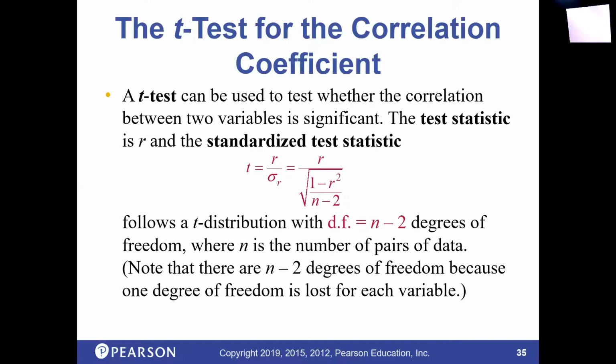In the past, whenever we've done the t-distribution, degrees of freedom have always been n-1. Because we're talking about 2 variables, we're talking about paired data, degrees of freedom is not n-1, it is n-2. So make sure you put this in your notes. Students tend to do n-1 because we've used it for so long.